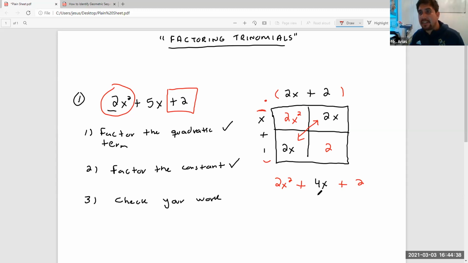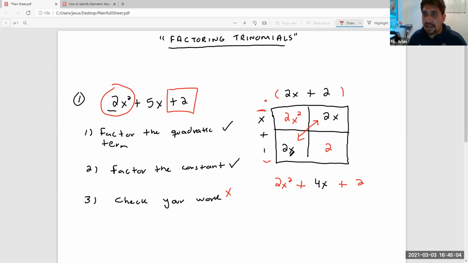Now, take a moment, ladies and gentlemen, and see if anything is missing or something doesn't make sense. Okay, so I'm hoping you had a chance to check it out. But technically speaking, we have a little problem down here. Because if you notice, this trinomial that we get by putting all the terms from inside the box outside doesn't match the original problem.